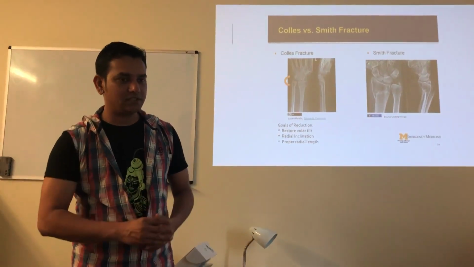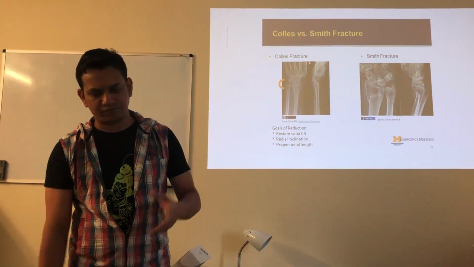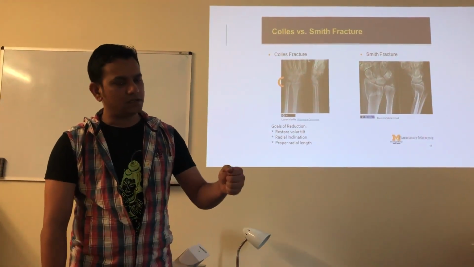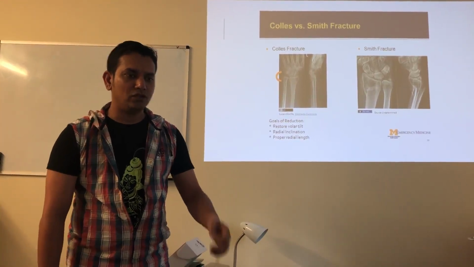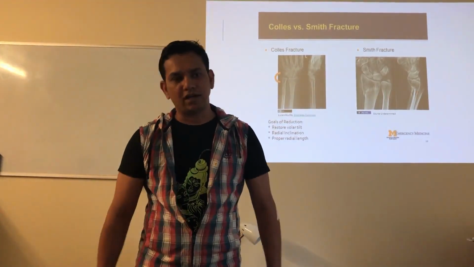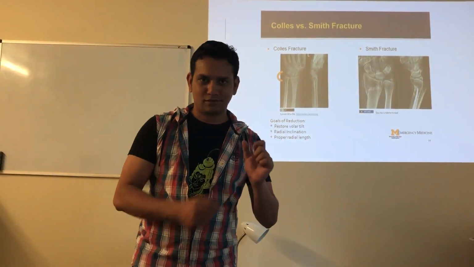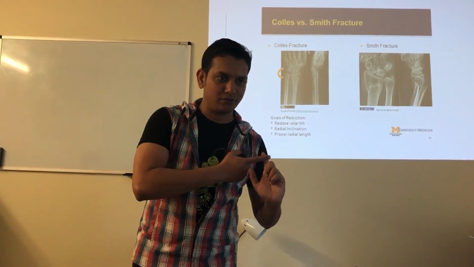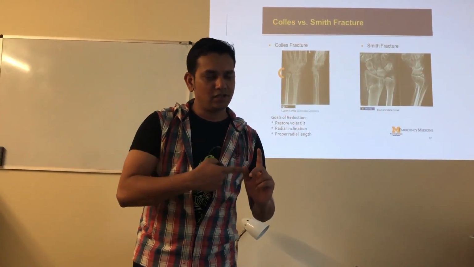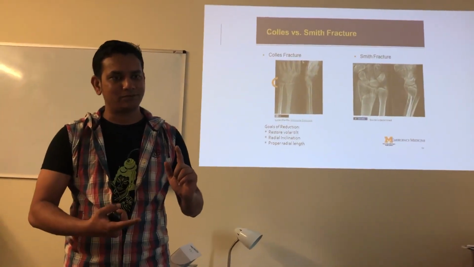They might say, this is a 55-year-old, 85-year-old who's come with fallen outstretched hand. You've done the X-ray, given pain medication. What 2 points in history would you like to ask this patient? Who takes care of her at home, where does she live? Activities of daily living and previous falls. Then they will say, X-ray shows Colles fracture, you've done a hematoma block and reduced it.